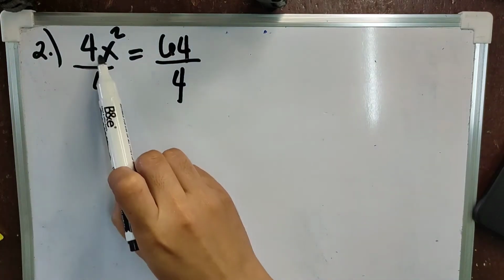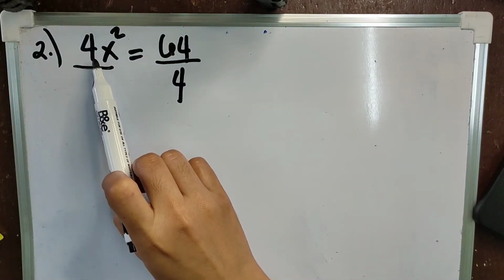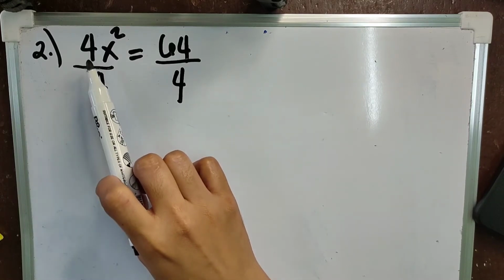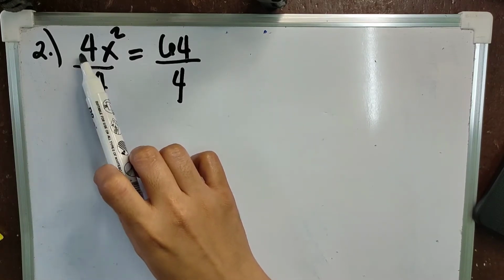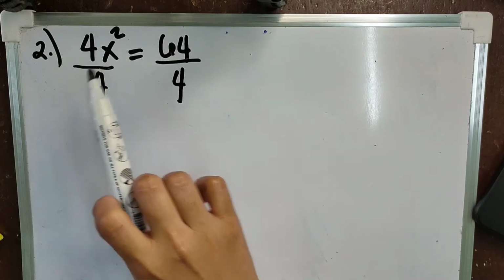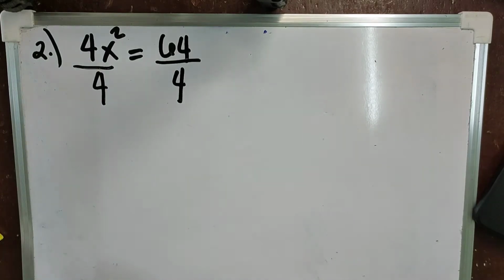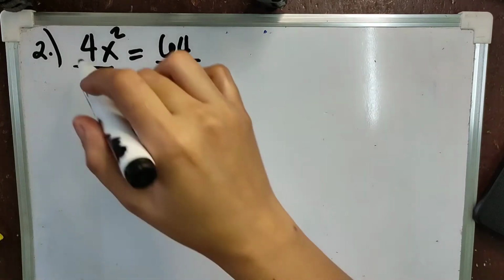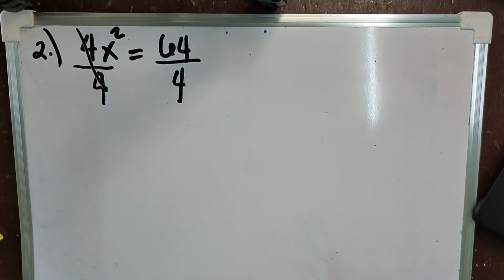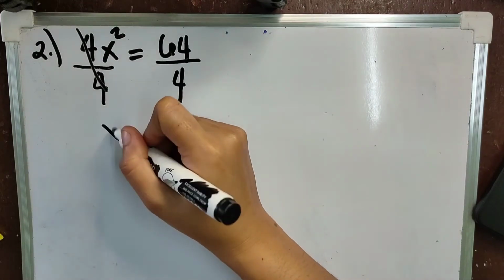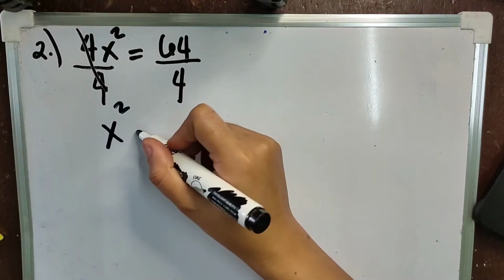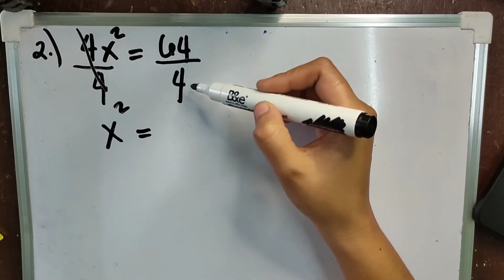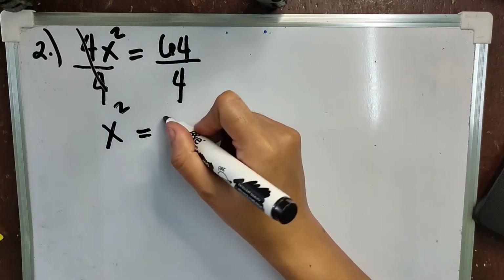Because the numerical coefficient of your variable x here is 4. If the numerical coefficient is 5, you are going to divide both sides by 5, depending on the numerical coefficient of your variable, so that it will be cancelled. And the remaining is x squared equals, 64 divided by 4, the answer is 16.